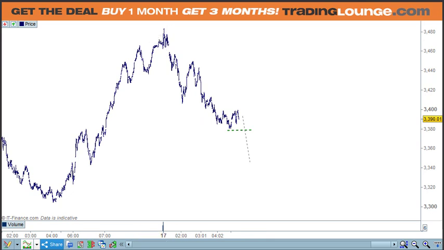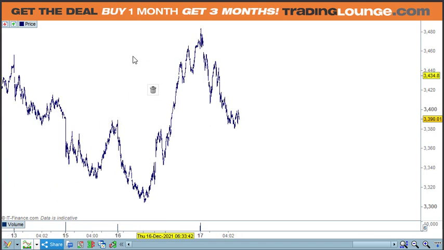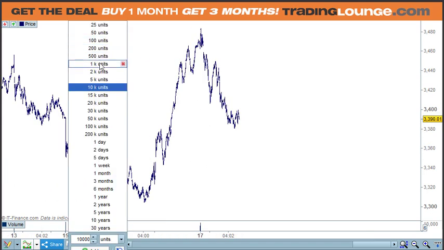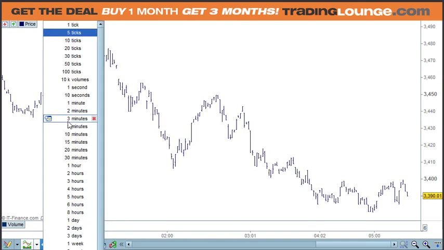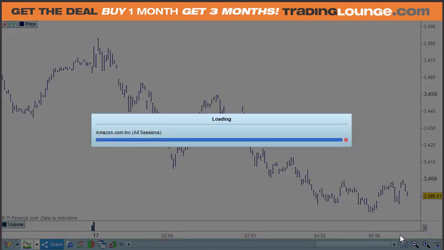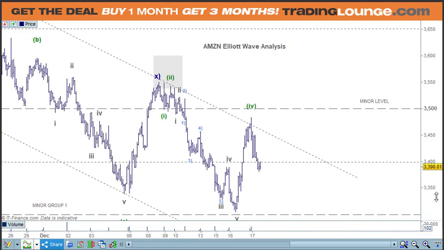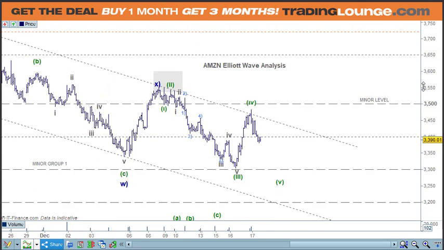So if that low doesn't get taken out, let's go back to our tick chart on the 100 ticks. I just had to double check that. Because this looks impulsive here as 5 waves, that needs to be acknowledged.